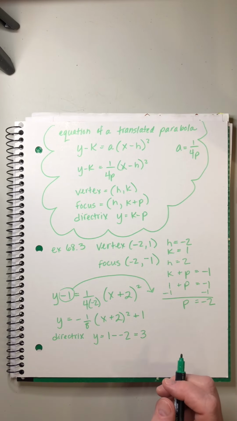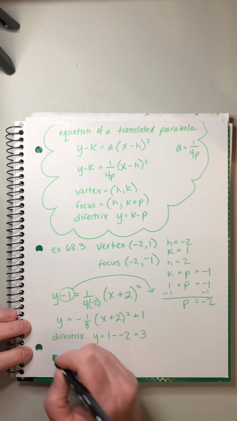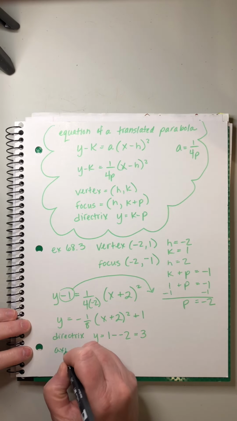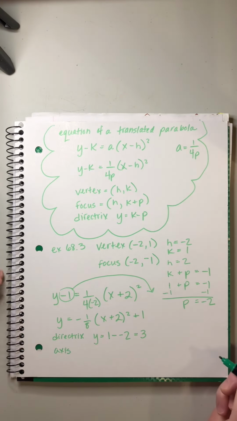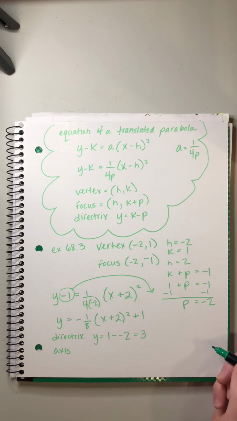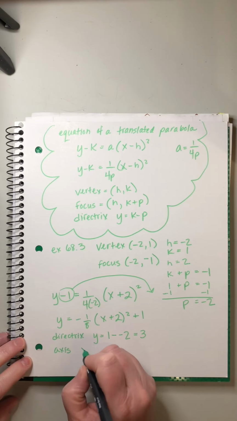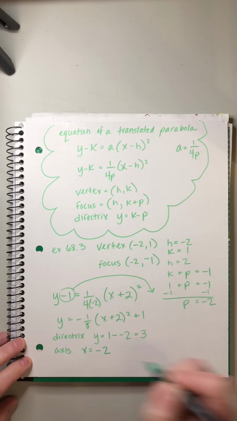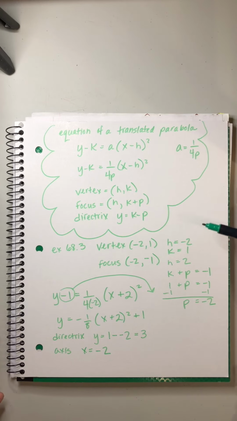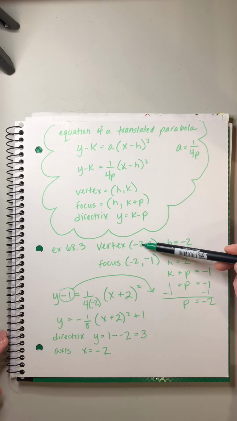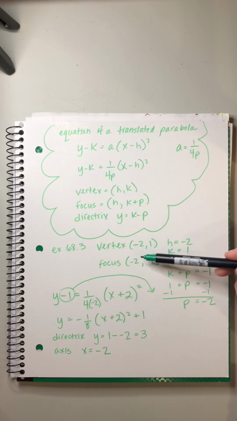And the axis of symmetry is simply x equals -2, which we know from what? We know that the vertex is at -2. All right, so that's how we know that.